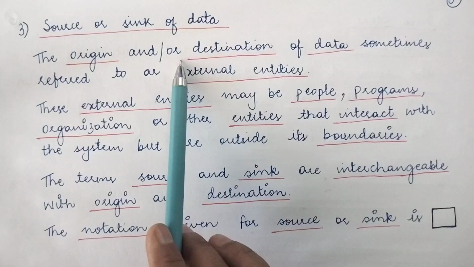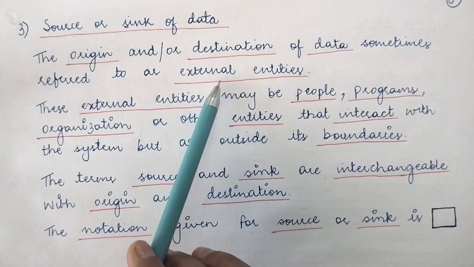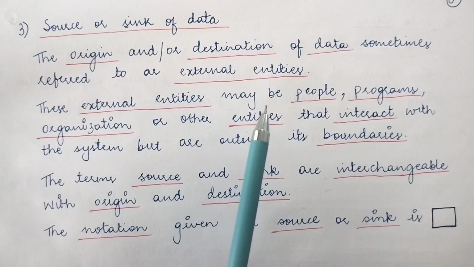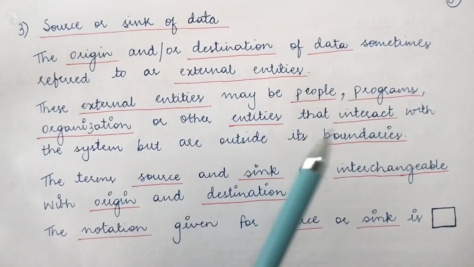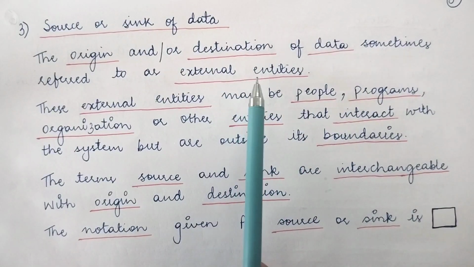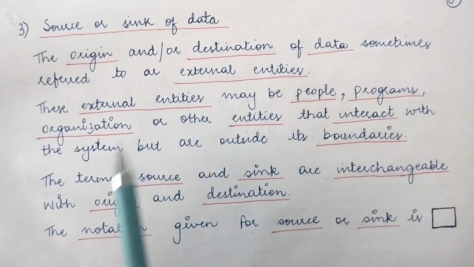The origin and destination of data are sometimes referred to as external entities. So from wherever the data is coming or to wherever the data is going, these are considered the external entities of the system.